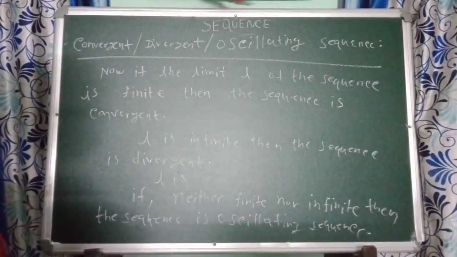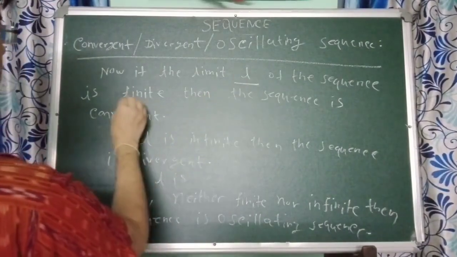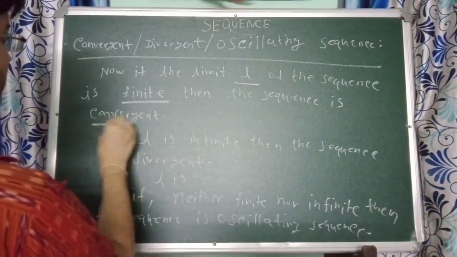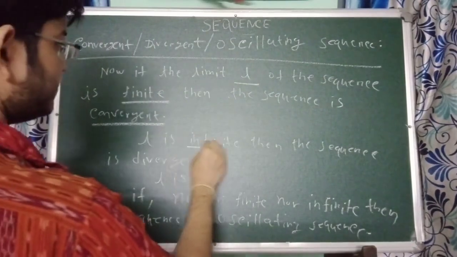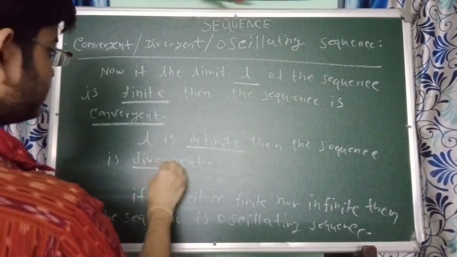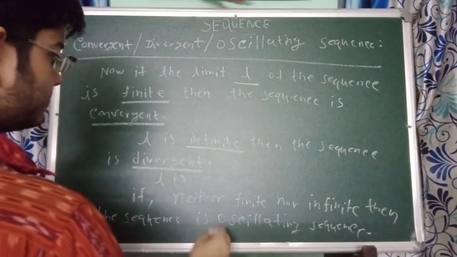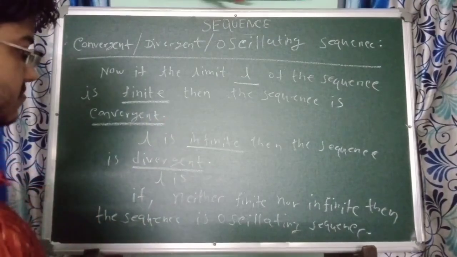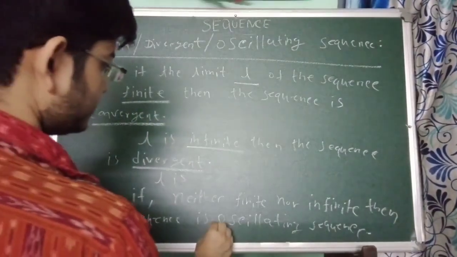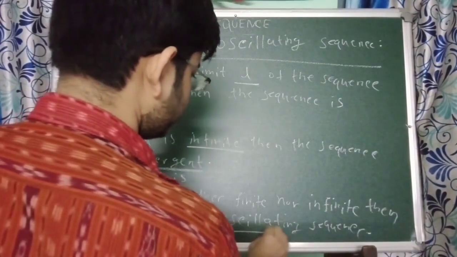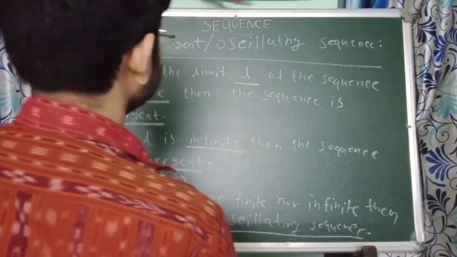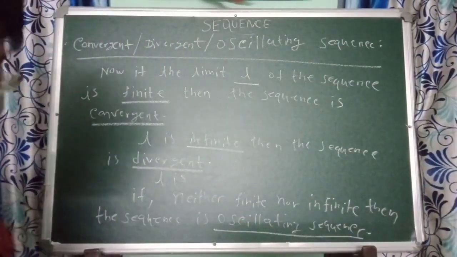So this is the key point. If L is finite, then the sequence is convergent. If L is infinite, then the sequence is divergent, and if neither convergent nor divergent, then the sequence is an oscillatory sequence. I will discuss some examples.